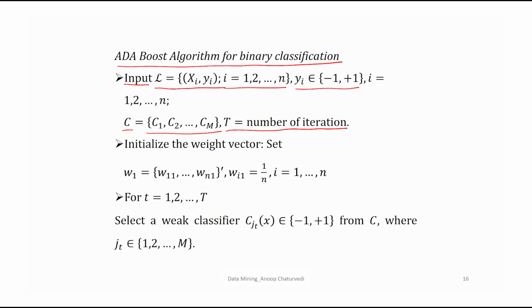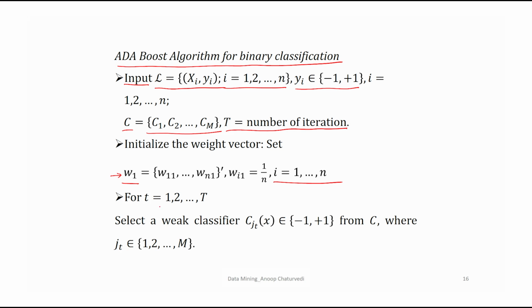Then first we initialize the weight vector. Suppose we set W1 equal to (W11, W21, ..., Wn1) transpose, where Wi1 is equal to 1 upon n for all i. So, initially we have assigned equal weights to all the observations. This weight vector W1 is of order n cross 1.